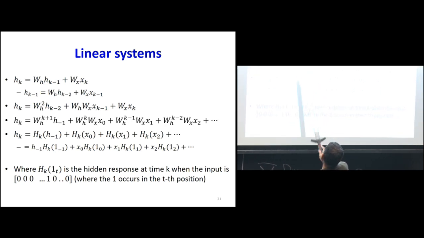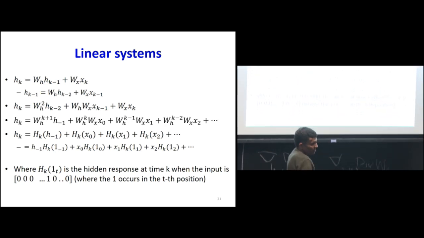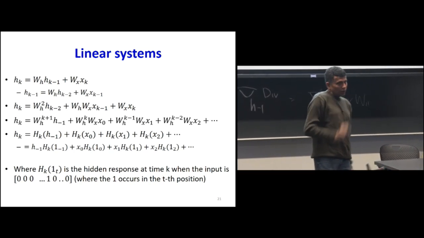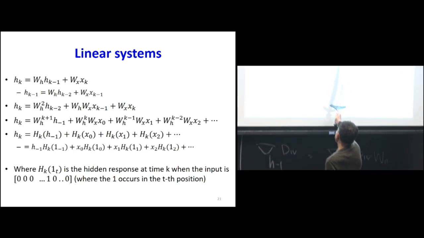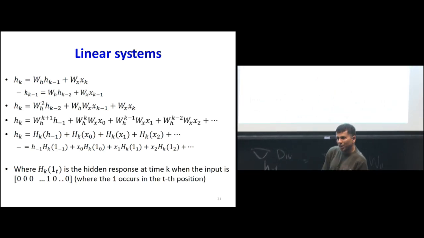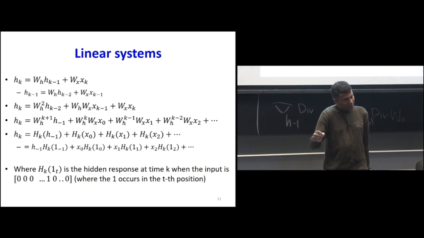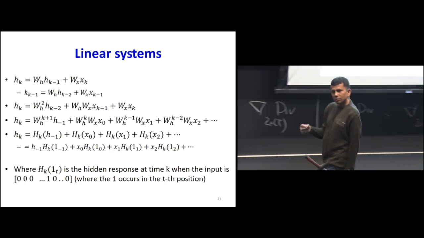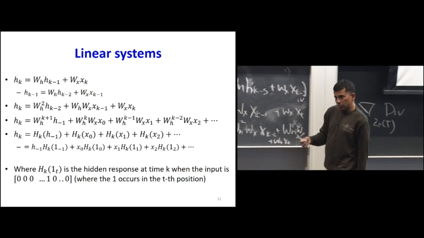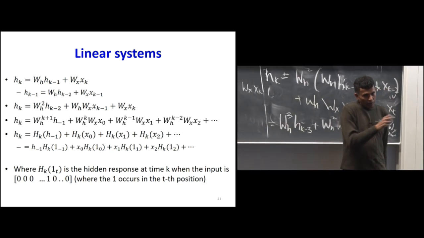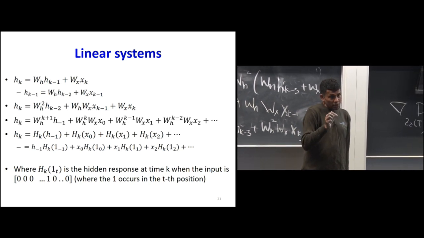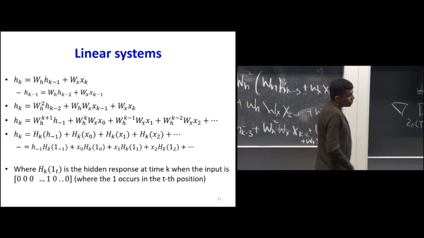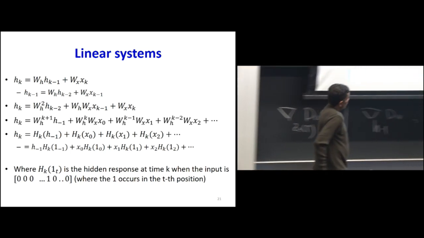It's WH raised to k times WX times the first value of x, plus WH raised to k minus 1 times WX times the second value of x, plus WH raised to k minus 2 and so on. What is the key component over here? What would be likely to be causing the blow up? Two things.